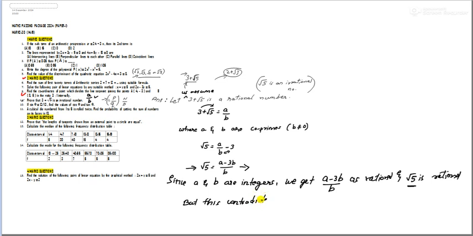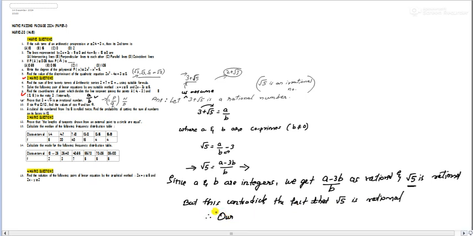This contradicts the fact that root 5 is irrational, not rational.